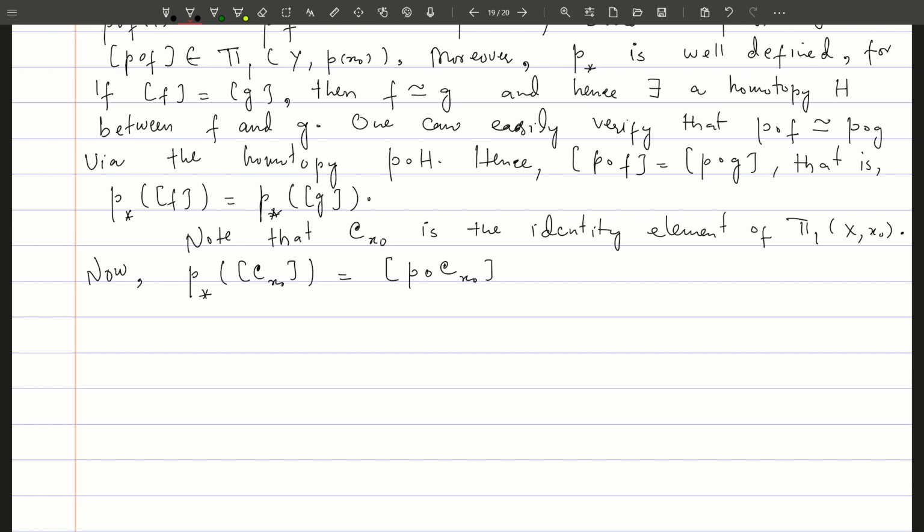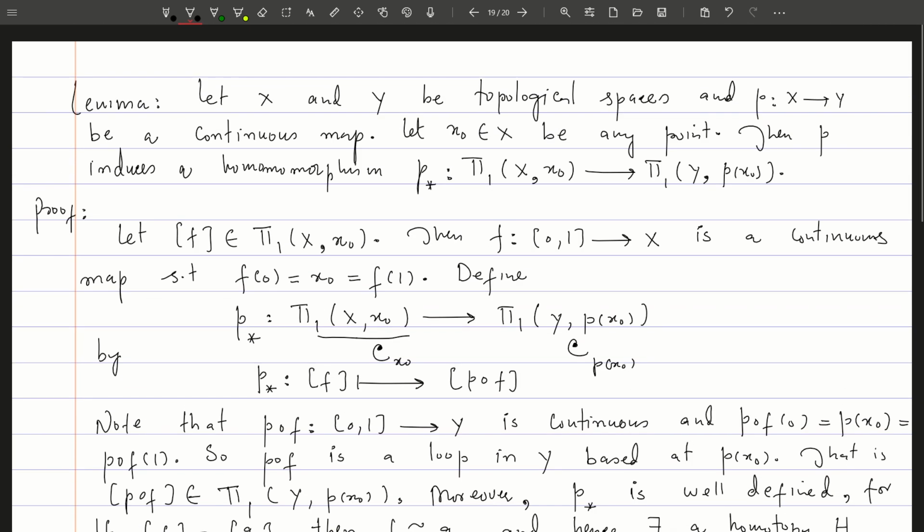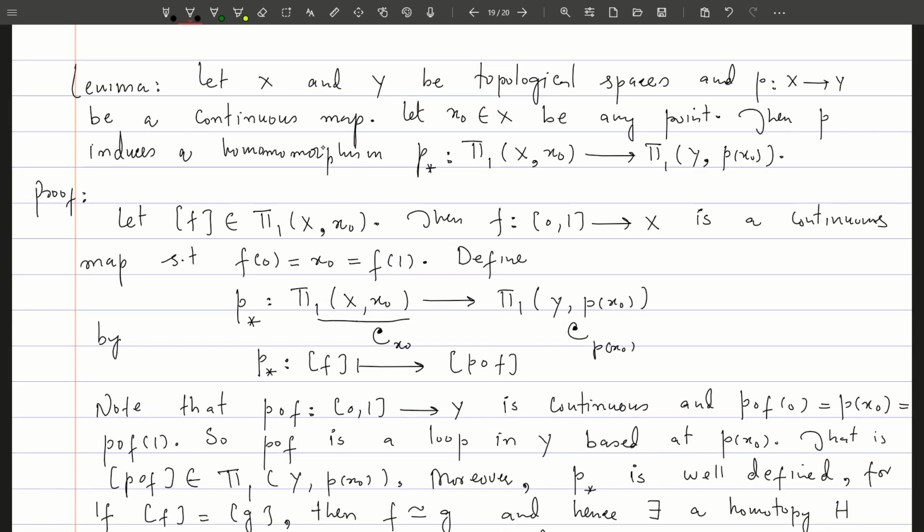Now if we choose any point, say x in X, then P composed with c sub x naught of x will be P of c sub x naught of x, which is P of x naught.